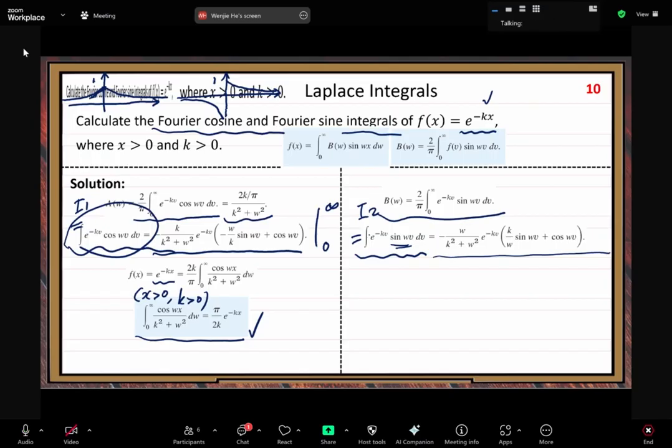After that, now, because we need to evaluate from 0 to infinity, then you have this. W is fixed, remember, 0 to infinity.